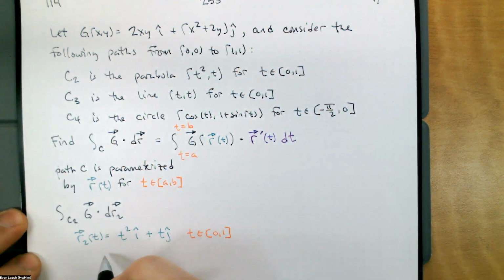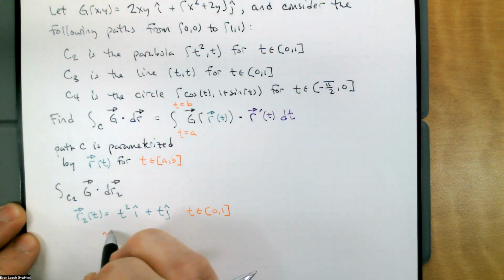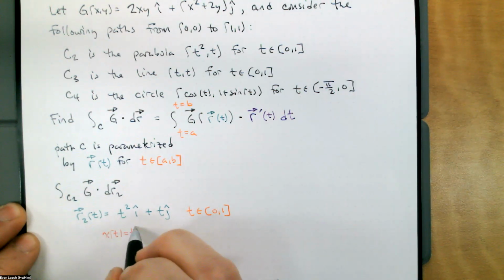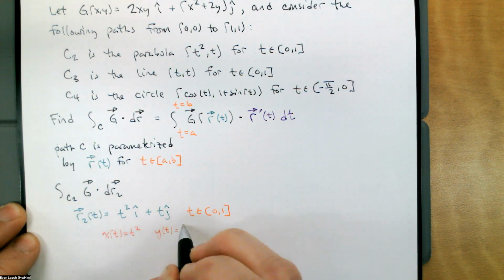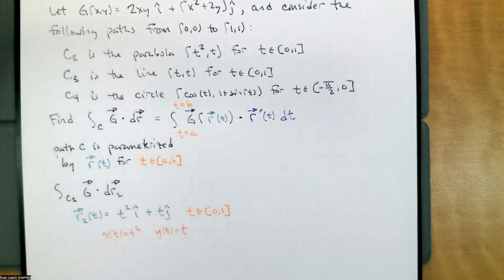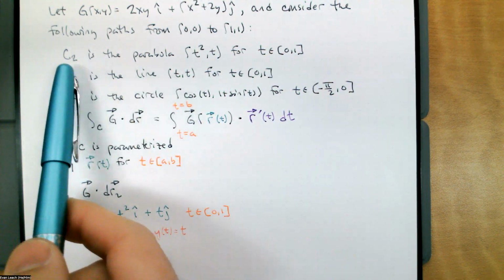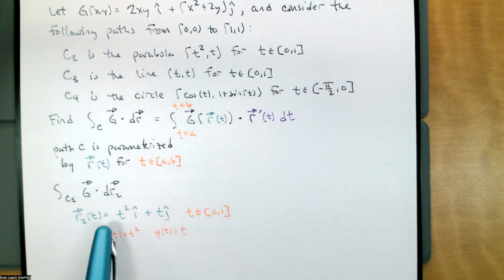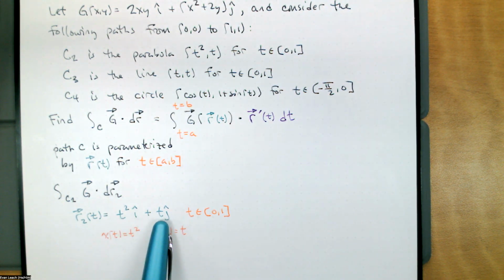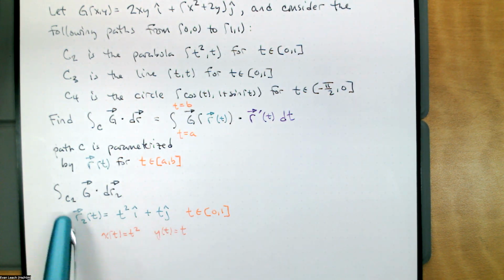So x of t is t squared and y of t is t. That's the first path we're doing. C2 is the parabola t squared comma t. So t squared i plus t times j. That's our parameterization of the path C2.